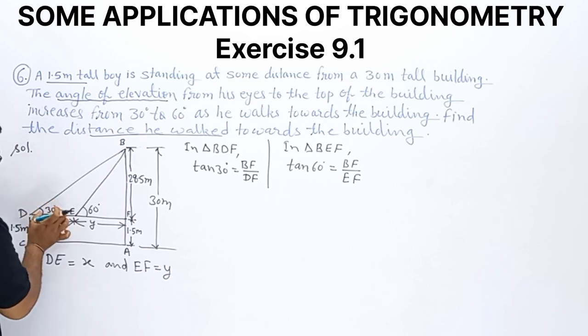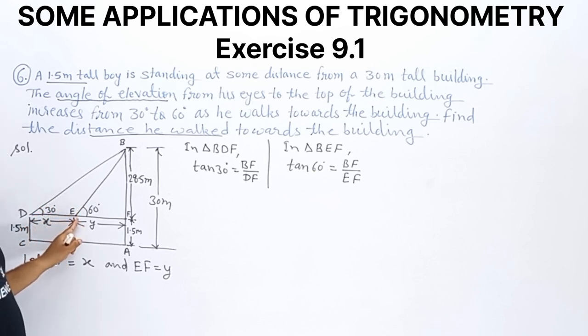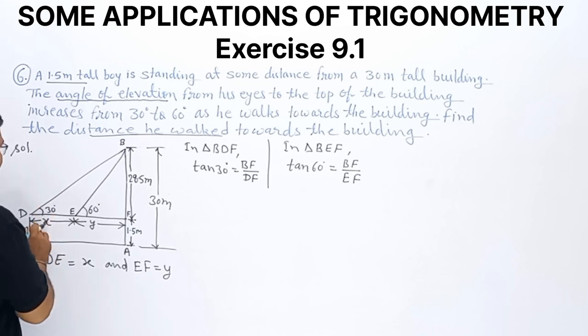It means the boy, what distance covered? The boy traveled X distance. We assumed D to E. This boy traveled X distance. Then he reached at the point E. We want to find this X distance.